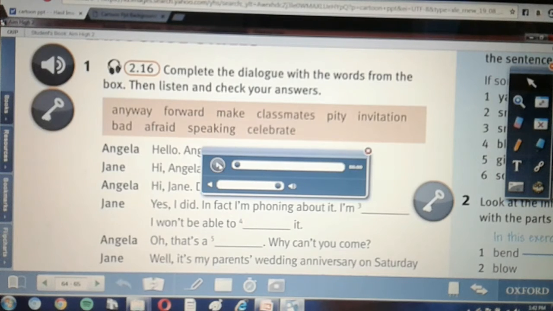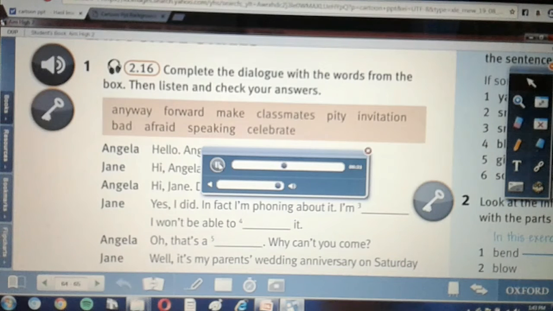1, 2, 3. Unit 7, page 65. Language skills. Exercise 1. Listen and check. Hello, Angela Manley speaking. Hi, Angela. It's Jane. Hi, Jane. Did you get my invitation? Yes, I did. In fact, I'm phoning about it. I'm afraid I won't be able to make it. Oh, that's a pity. Why can't you come?